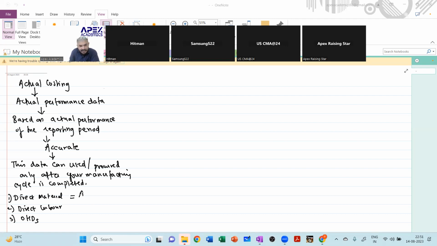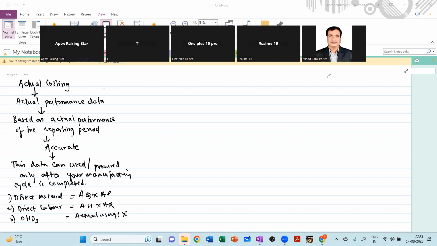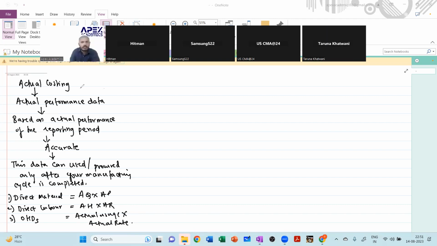Direct material is equal to actual quantity multiplied by actual price. Direct labor is equal to actual hour multiplied by actual rate. And overhead is equal to actual usage multiplied by actual rate.